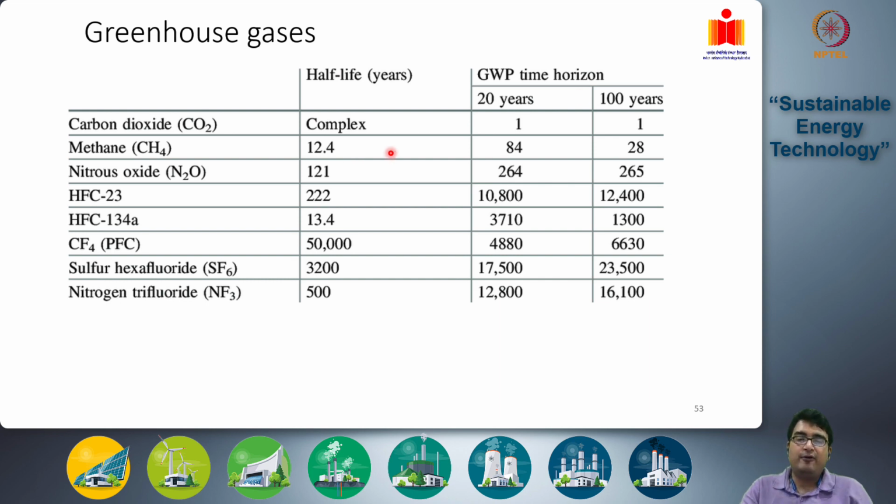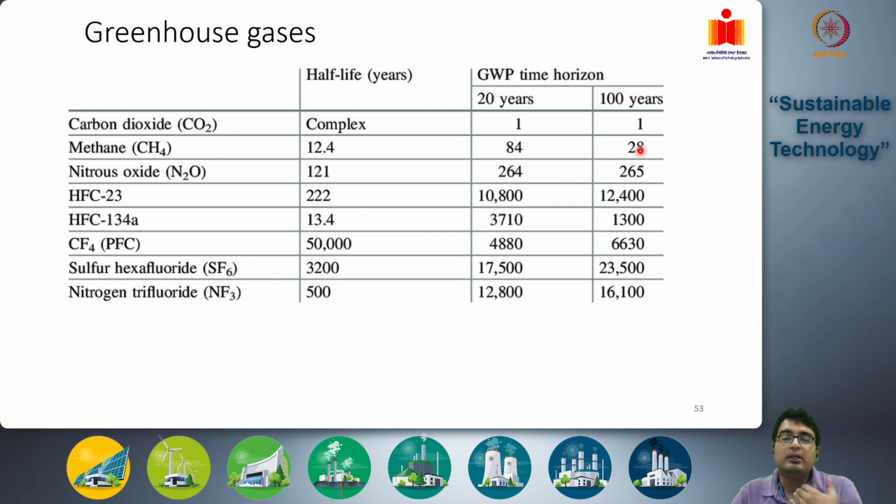So the half-life of methane is 12 years. However, it is a much more potent greenhouse gas compared to carbon dioxide. It is 84 times as effective in heating the earth as carbon dioxide over a 20-year period. And because of this half-life decrease, over a 100-year period it is somewhat lower, 28 times more effective.